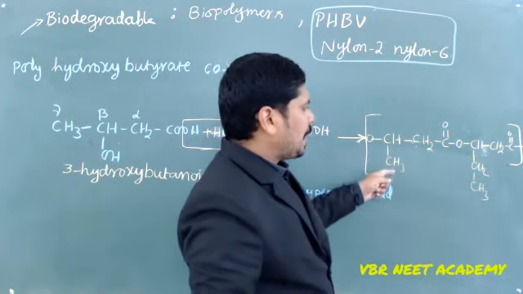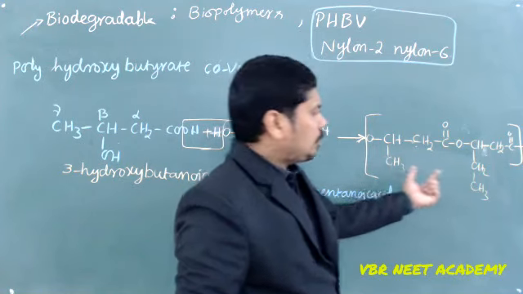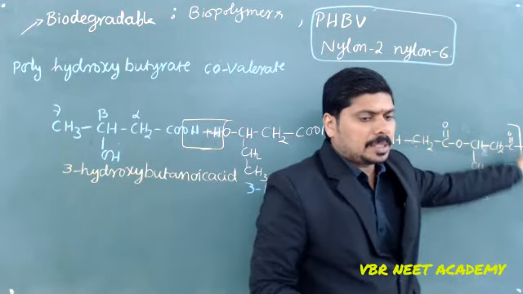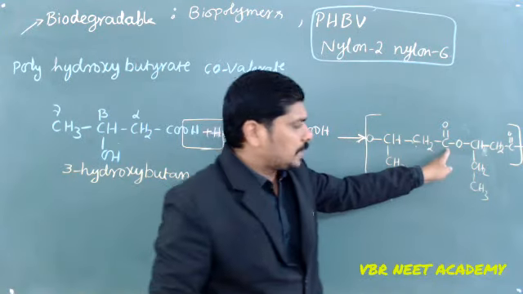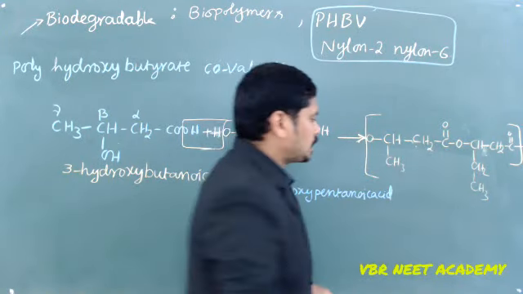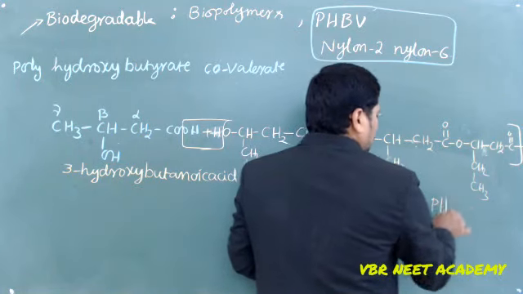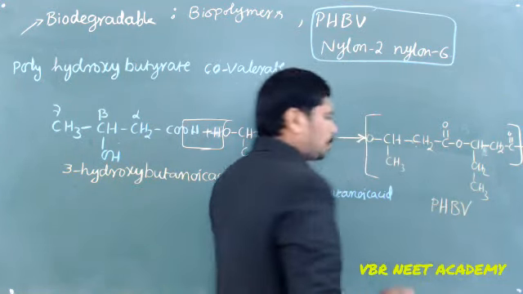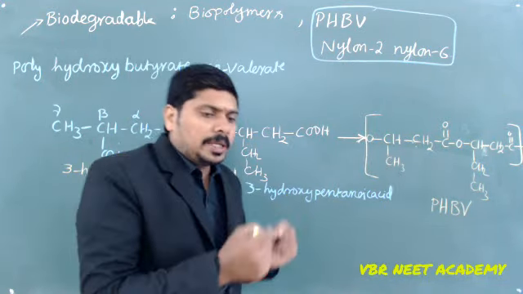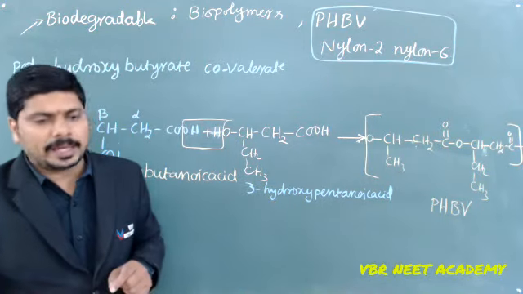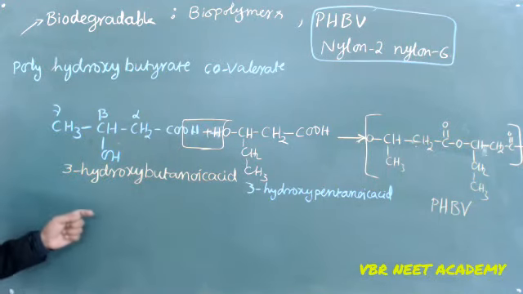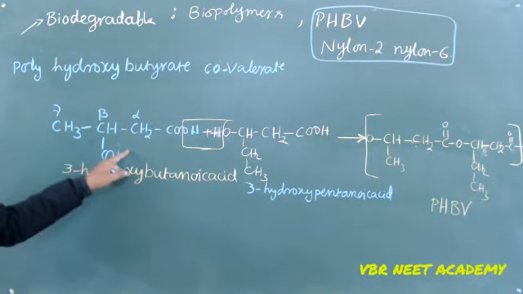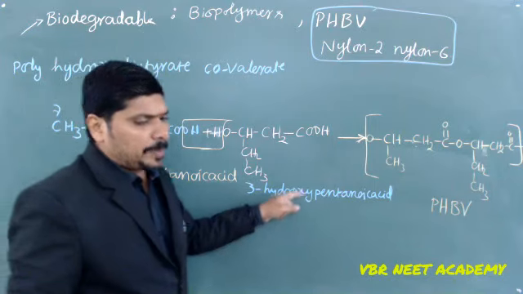Now what is going to happen? One butyric acid, one valeric acid, one butyric acid, one valeric acid. Like that we get the polymer, and it comes under polyesters. It is PHBV. PHBV is nothing but polyhydroxy butyrate covalerate, formed from two hydroxy acids: one is 3-hydroxy butanoic acid, another is 3-hydroxy pentanoic acid.